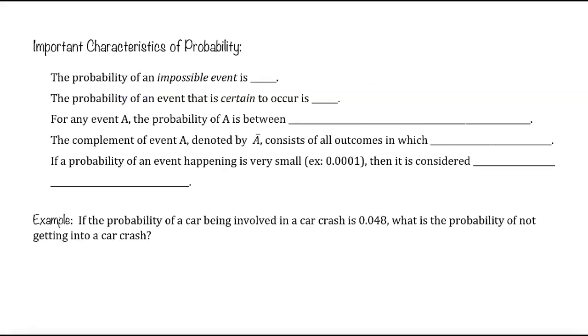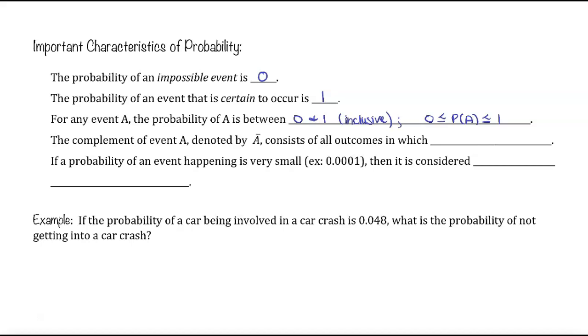If an event is impossible, then the probability of that event happening is 0. If an event is certain to occur, then the probability of that event happening is 1. For any event A, the probability of that event happening is between 0 and 1 inclusive. In other words, the probability of an event A is greater than or equal to 0 and less than or equal to 1.